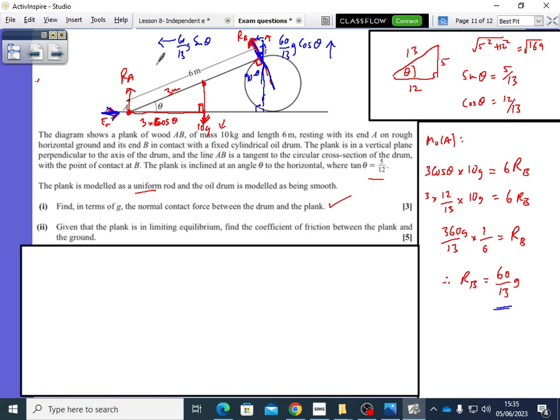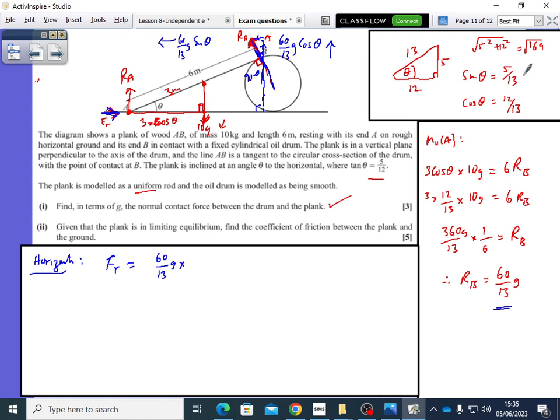So let's balance this out. Let's do the horizontal first. So horizontal forces, we know friction is going to balance with forces going that way. That's going to equal 60 over 13 g times sine theta.